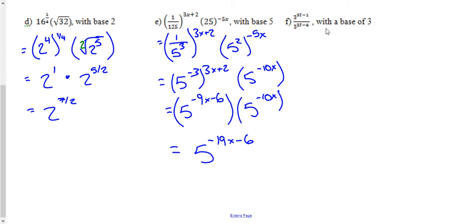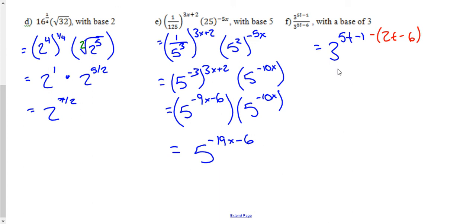For f, we want to rewrite everything in terms of base 3, and look here, we already have everything in terms of base 3, so all we have to do is evaluate our exponents here. So I'm just going to do a quick subtraction and see what we get. So here I have 3 to the 5t minus 1, and this is going to be subtracted by this 2t minus 6, which should be in brackets.